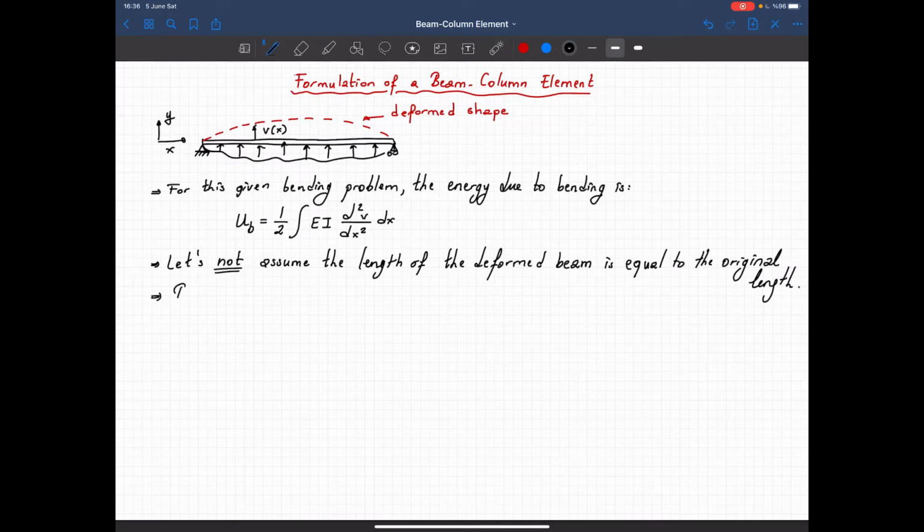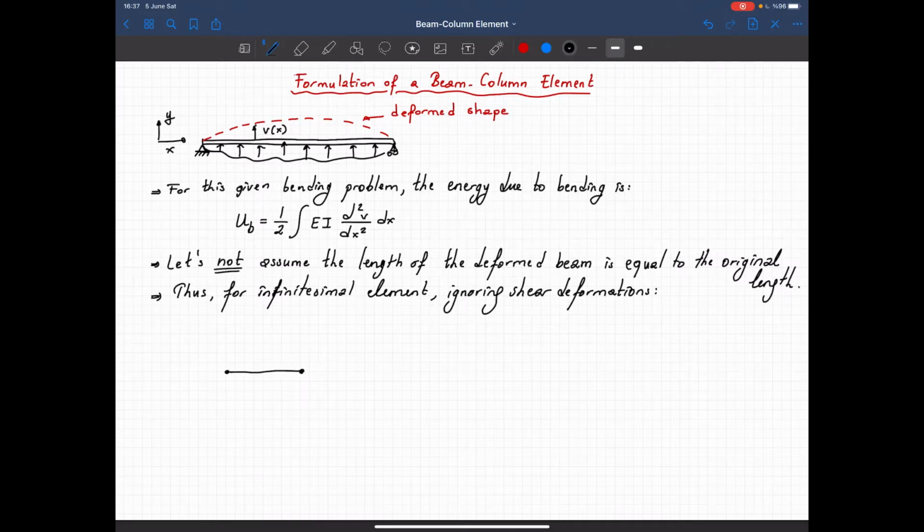So, for an infinitesimal element, and here we are also ignoring the shear deformations, I can write the following relationships. So I have this infinitesimal element whose length is dx.